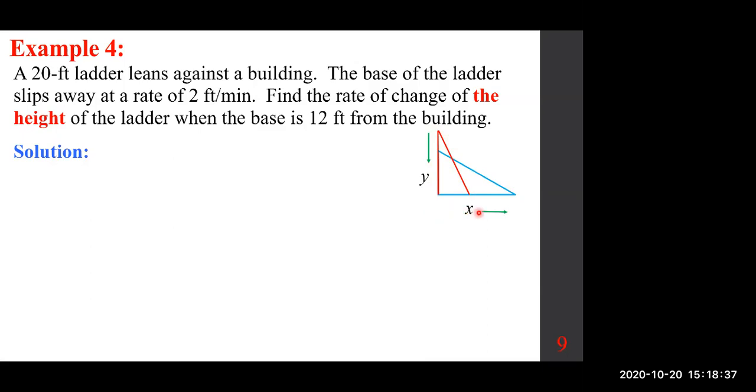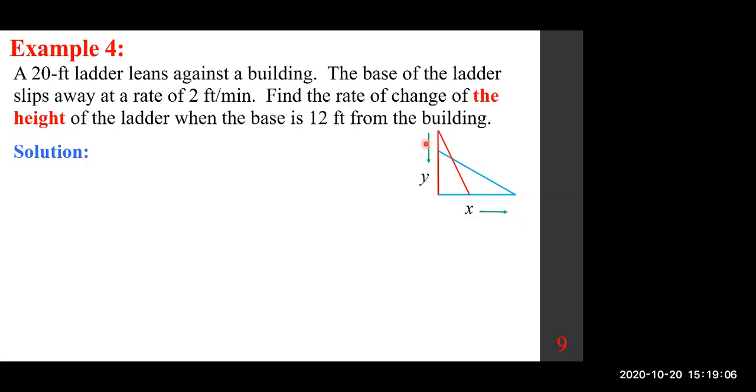So when we go this way, it gives rise to a couple of things. First of all, when we say a 20-foot ladder, that means this hypotenuse, if you look at this shape, is a right triangle. This hypotenuse is fixed at the number 20. The base is moving at 2 feet per minute, so dx dt is 2 feet per minute. We want a rate of change of the height.